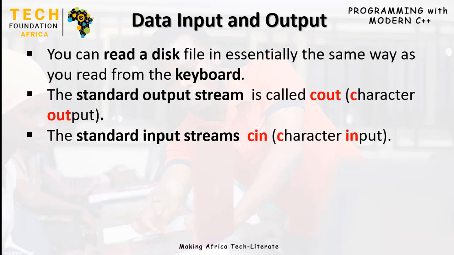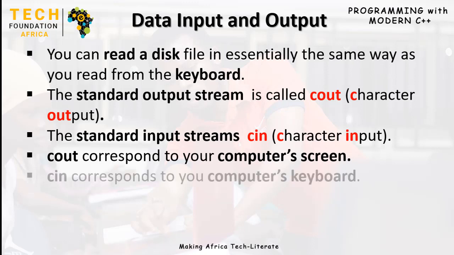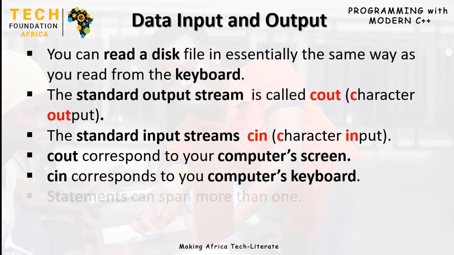Now, by default, your cout is tied to the computer screen, which happens to be the primary output device. And cin is also tied to your keyboard, which also happens to be your primary input device.